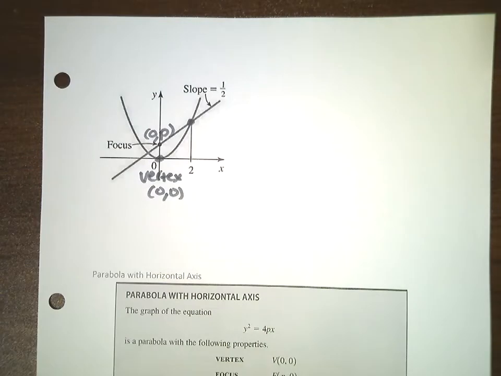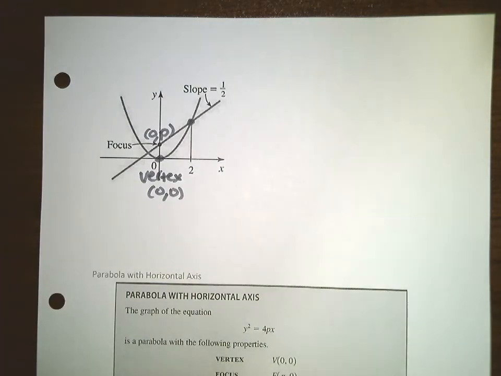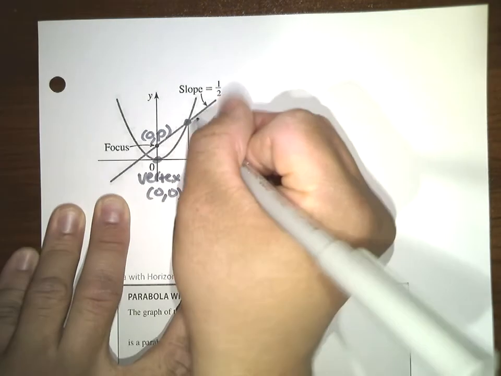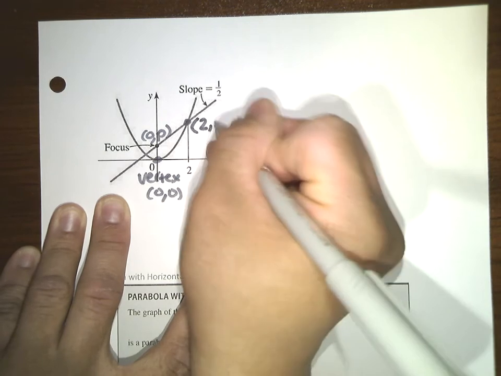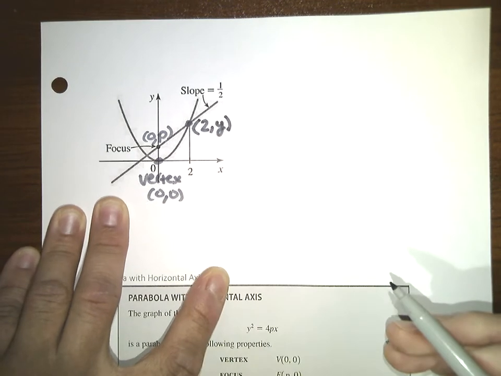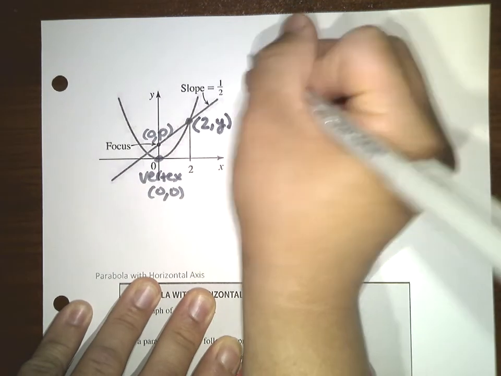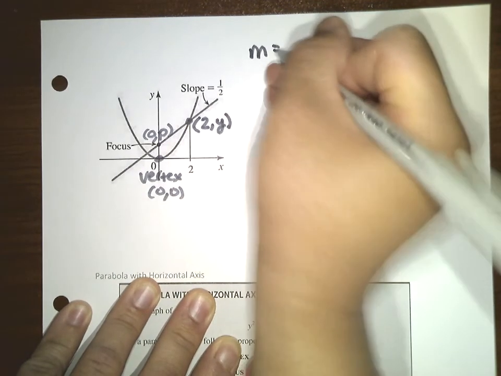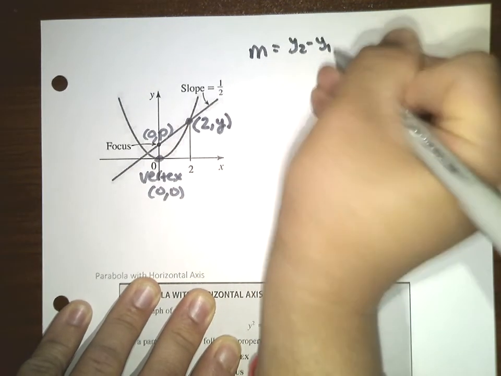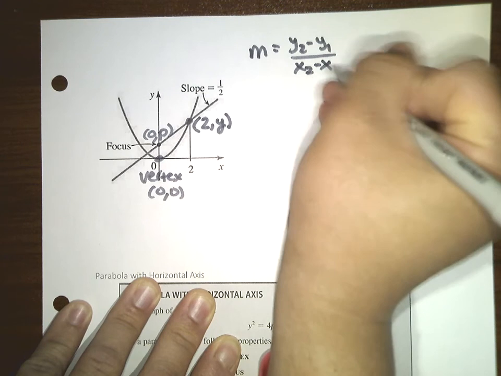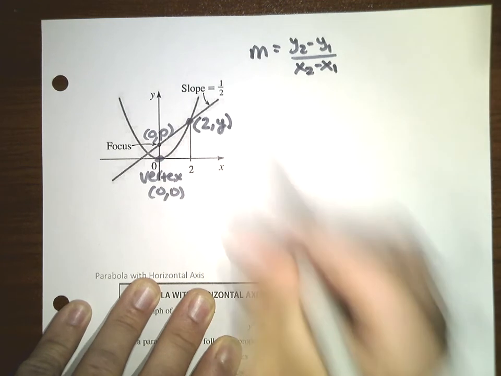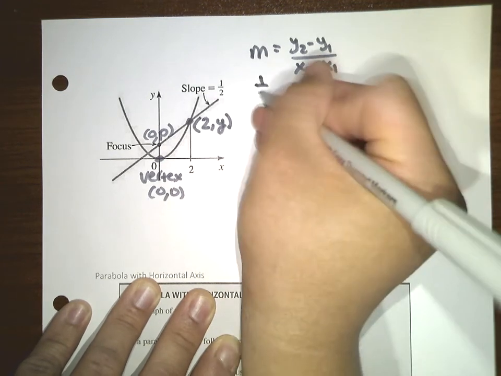So how am I going to find that other point? Well, all right, this is 2, and then some missing y value, right? So what I know is that the slope of a line is m equals y2 minus y1 over x2 minus x1. And the slope was a half.